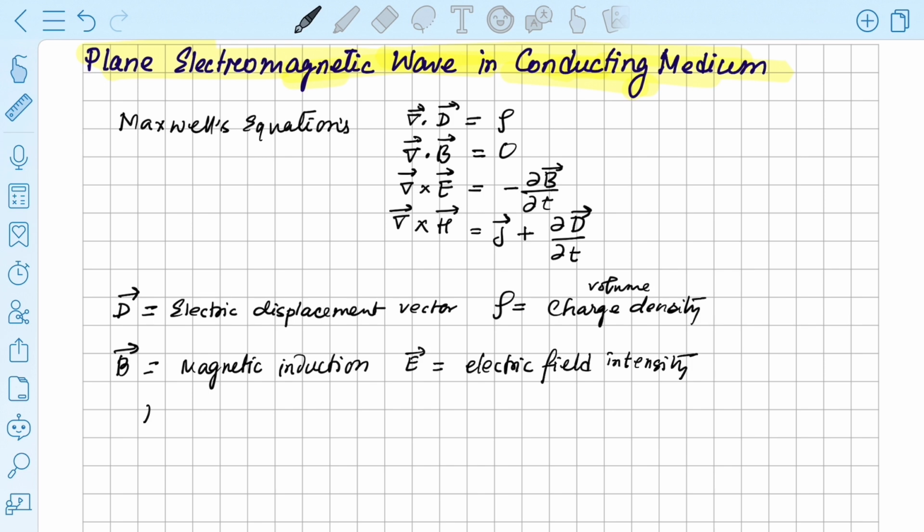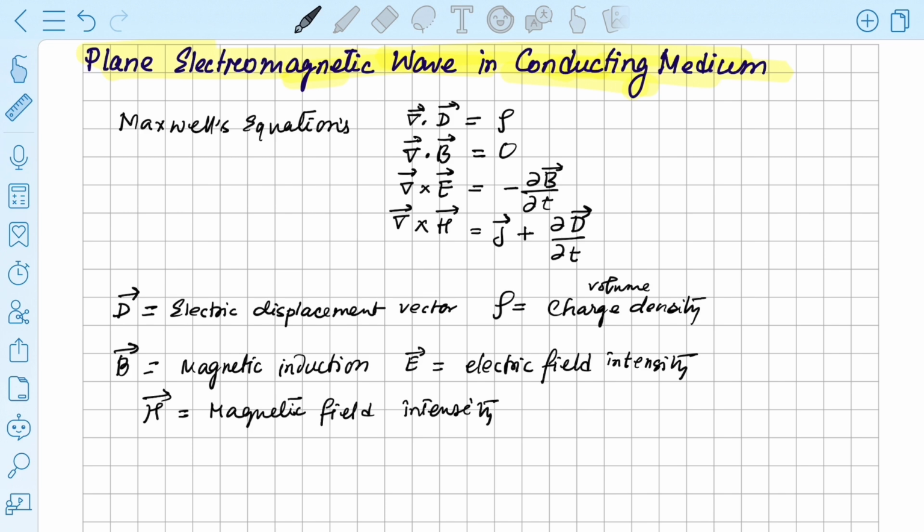Then this H is the magnetic field intensity.